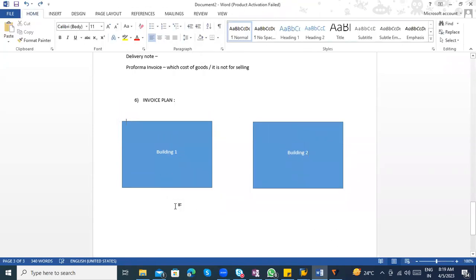We are not expecting any goods receipt here because you are already staying there, already using that building, right? So every month, periodically, you need to pay an amount. Suppose on January 1st, I have to pay, let's assume, $300.